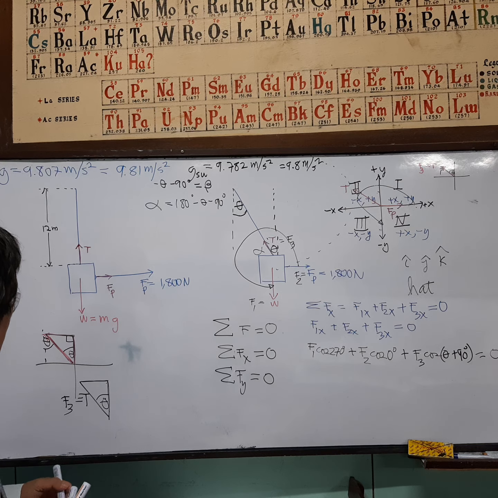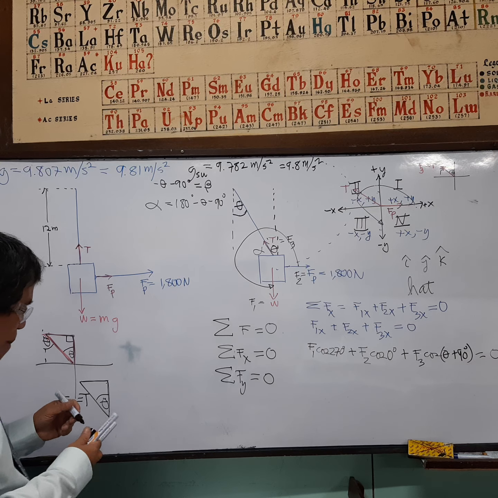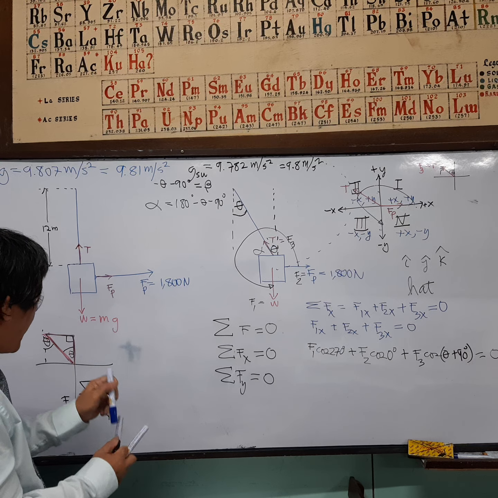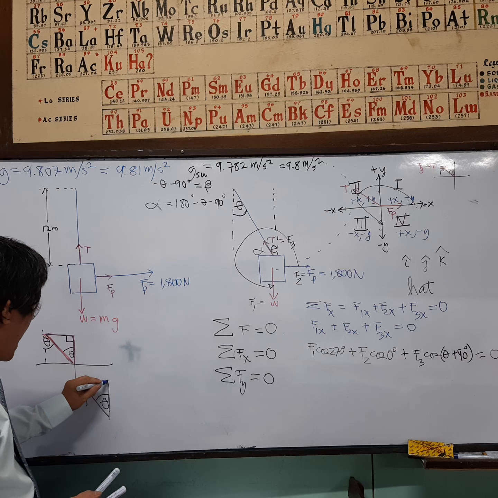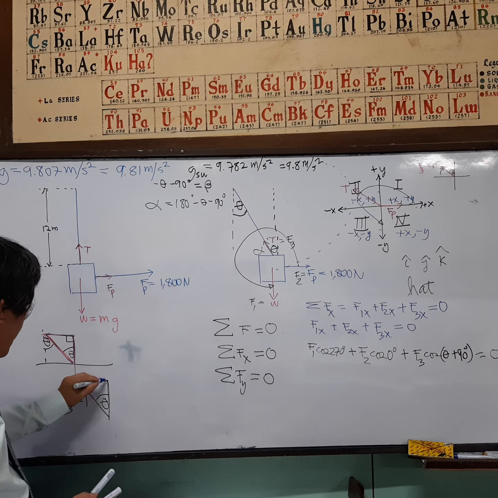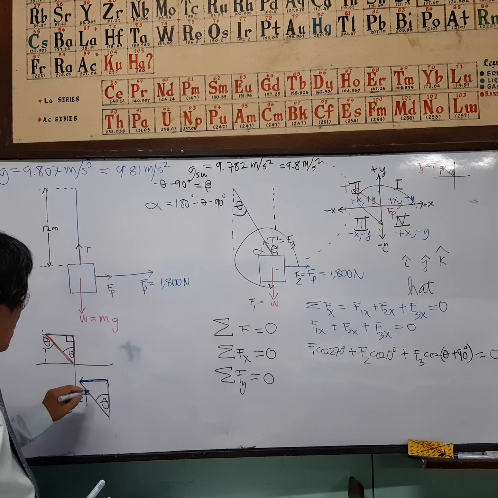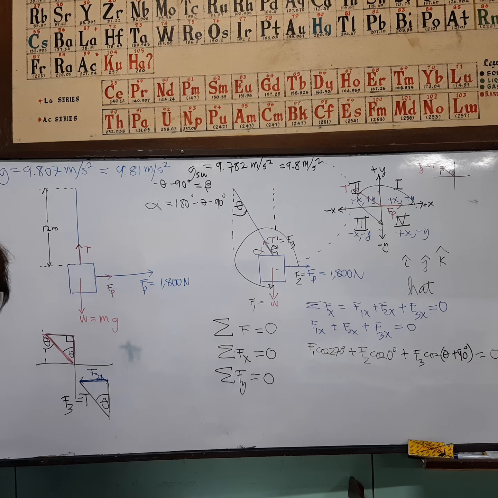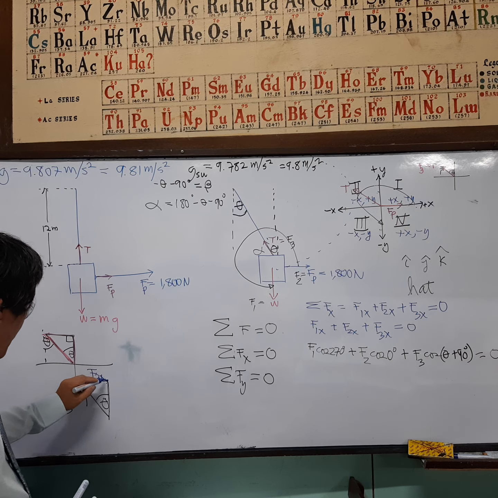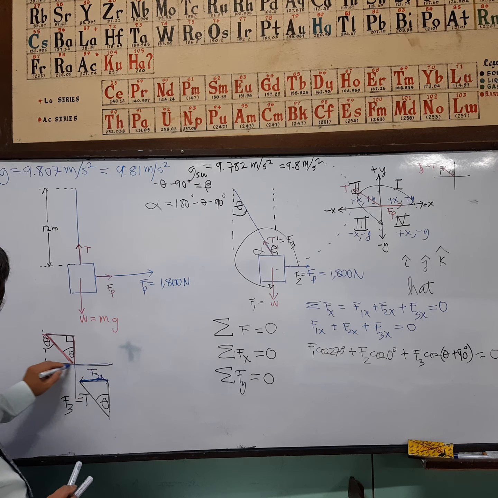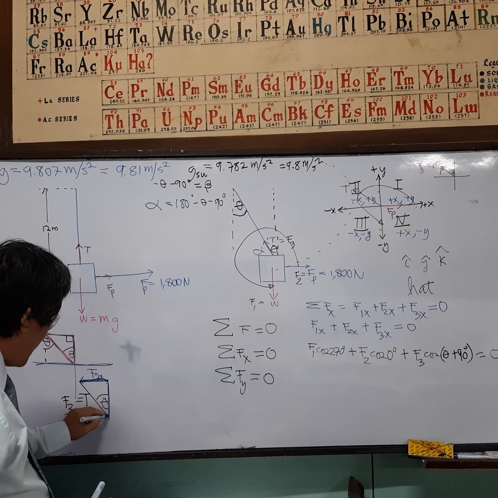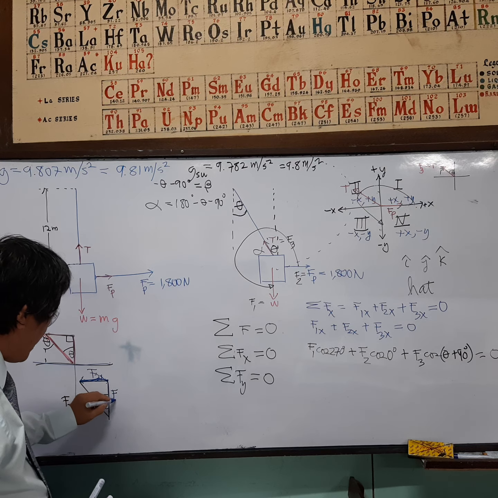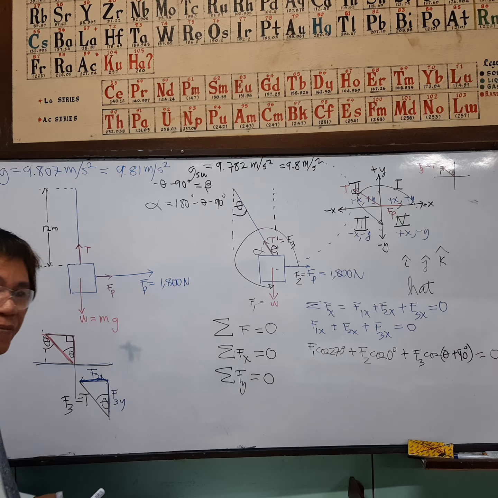If we get the x component, this is our x component. We call this one F3x, the component along the x-axis. And this is the y component, F3y.